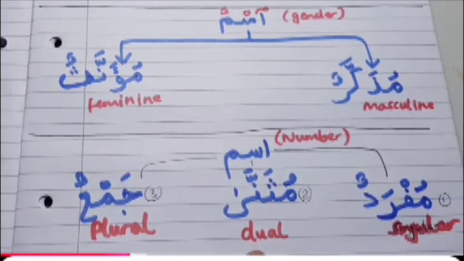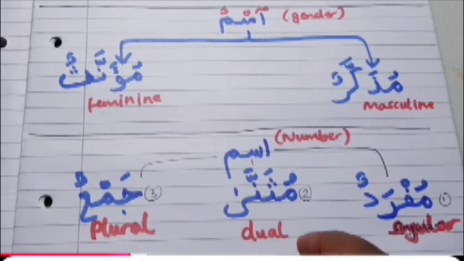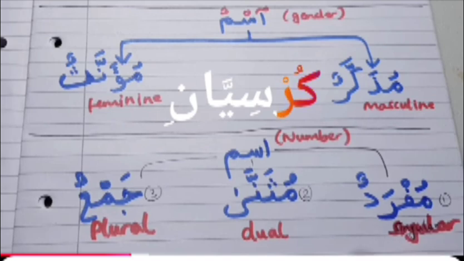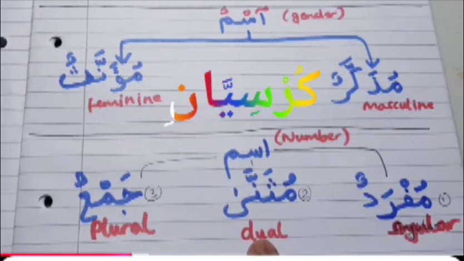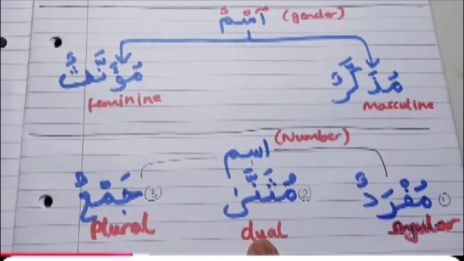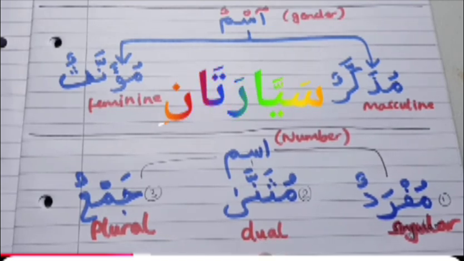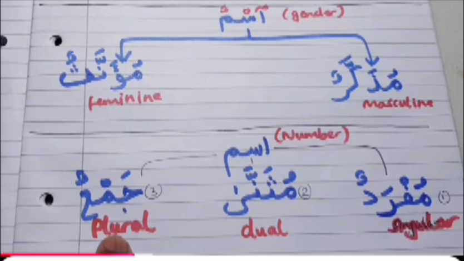In the Arabic language, if we're referring to two things, there's a construction that we form. So kursiyun, if I say kursiyani, it means two chairs. If I say sayyaratani, two cars. Anything which is more than two goes to the category of jam', plural.